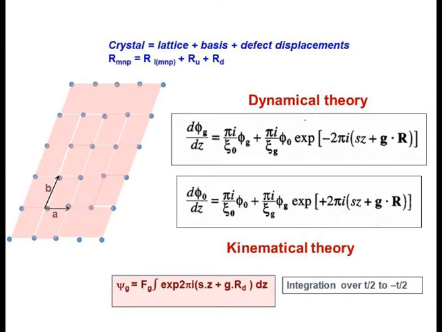And this is the integral of this phase, how it changes. This is with respect to the perfect region, and this is where the defect is present. As the electron beam passes through the sample, we try to calculate the amplitude at the end, and from that we can calculate the intensity. And this is for different x and y, because z is the direction that is fixed, and x and y will be perpendicular to the beam.